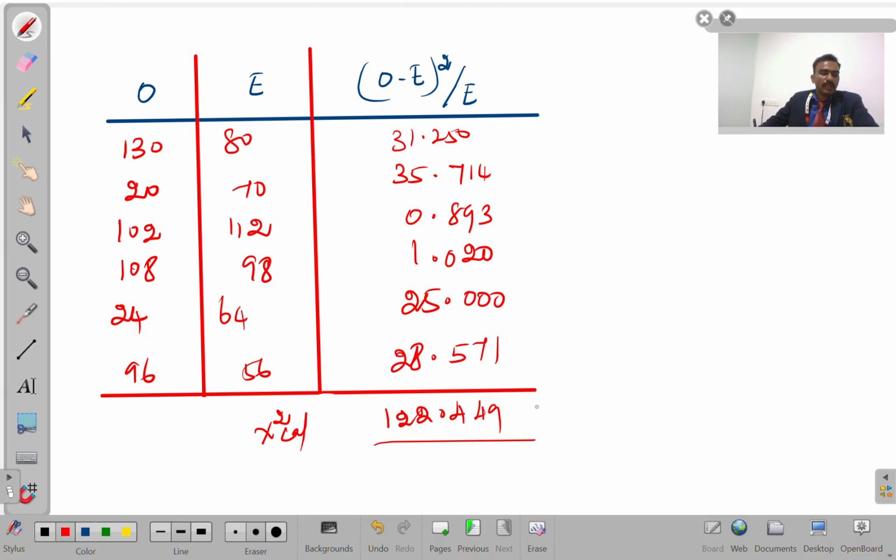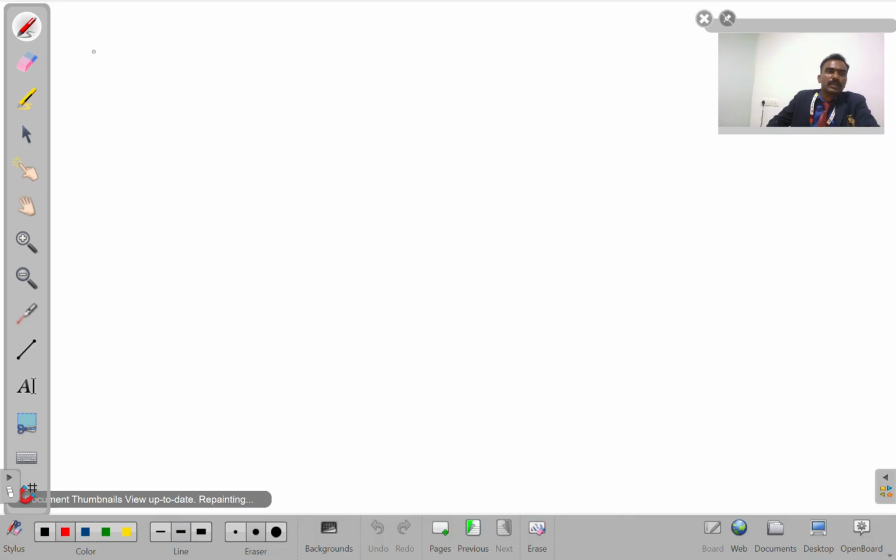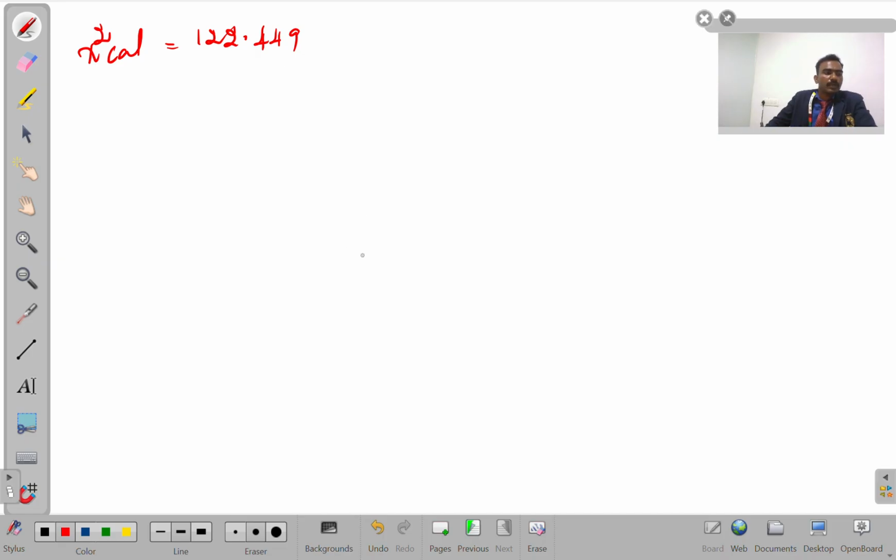Once you find the chi-square calculated value, we go for the table value. The chi-square calculated value is 122.449. The level of significance is not given, so it will be 5%.